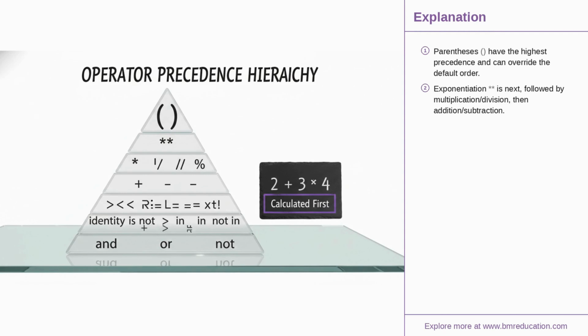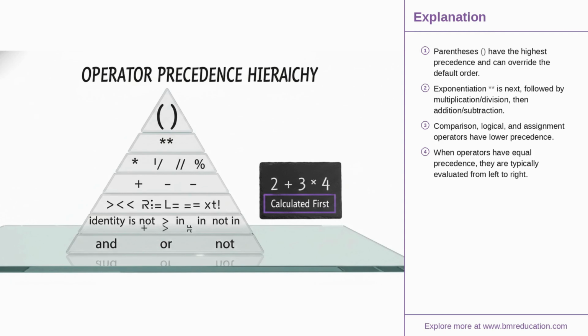Python's precedence hierarchy is logical. At the top are parentheses, which always go first. Then comes exponentiation. After that are multiplication and division, which have equal precedence. Then come addition and subtraction. This is why 2 plus 3 times 4 is 14, because multiplication has higher precedence than addition.